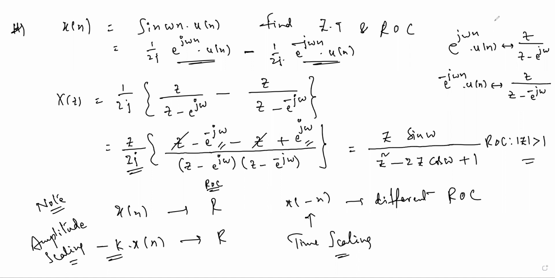Now let us see Z transform properties. Properties of Z transform. See, first the linearity property.